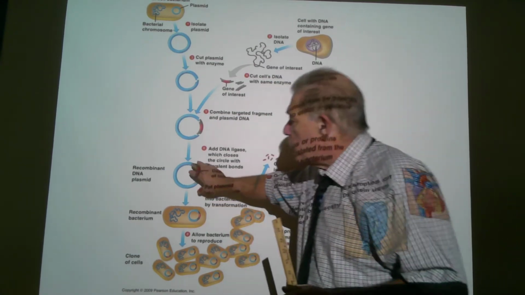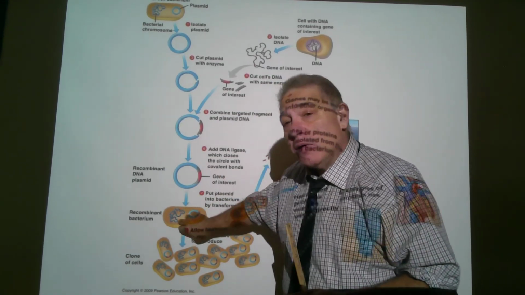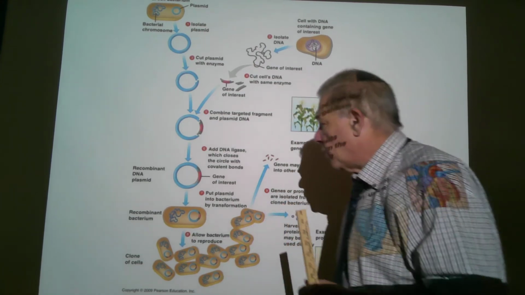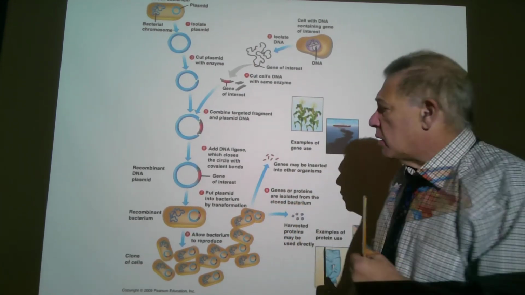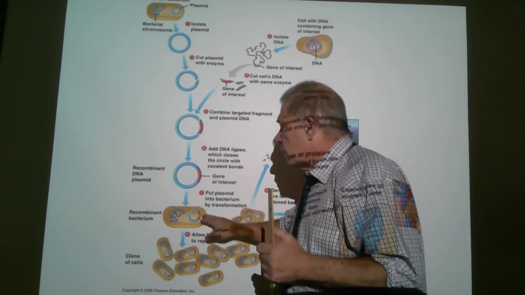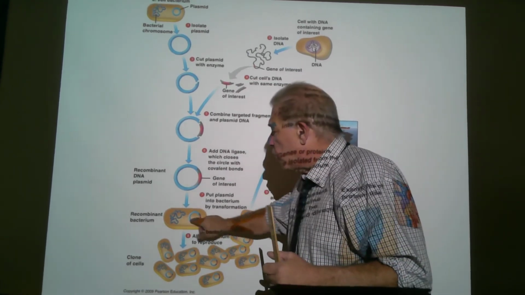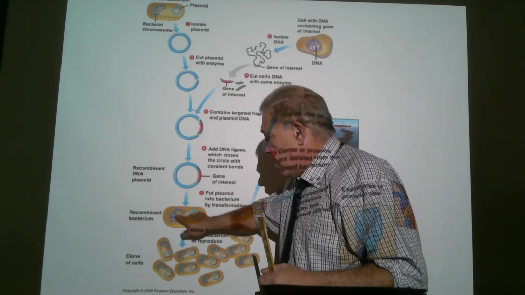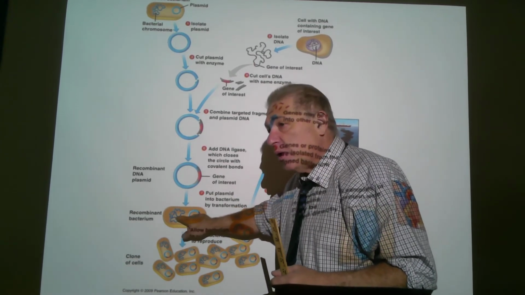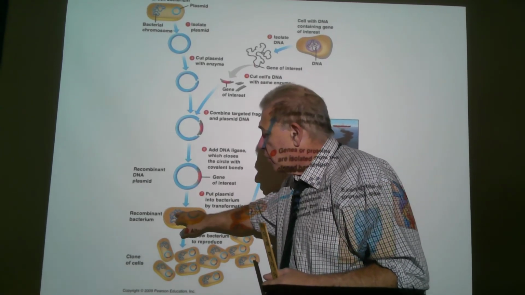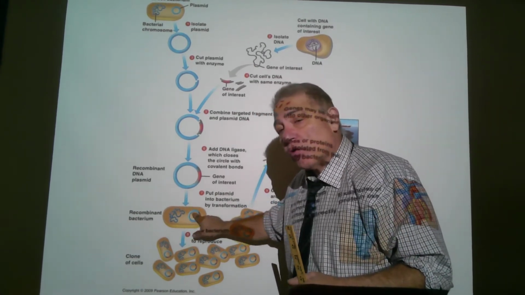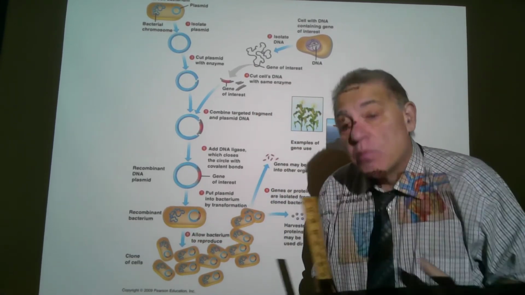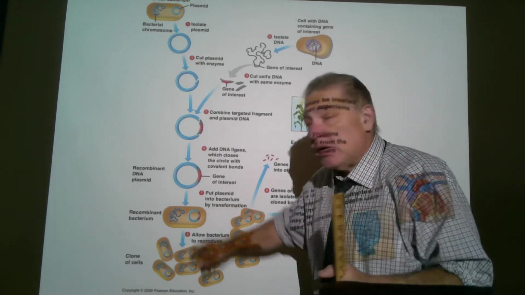That means that when it's put back into a bacterium, which is what you're seeing here, when the time comes, which is pretty much every 20 minutes, this bacteria will not only replicate itself, it'll replicate both its plasmid and its circular DNA. And when it goes to express the genes on either one of these sources of DNA, it will also express the human protein.